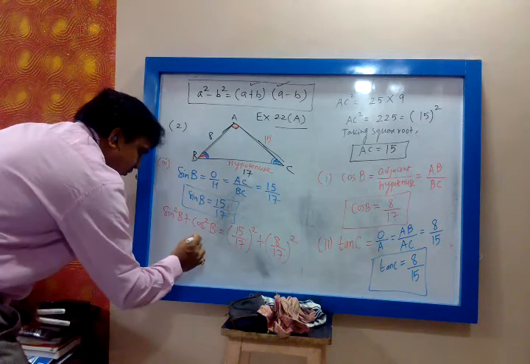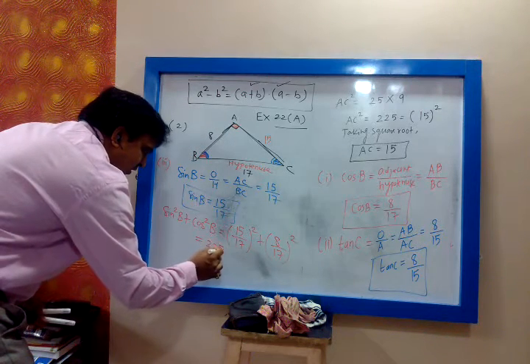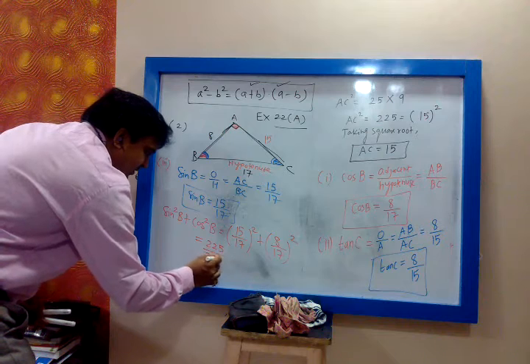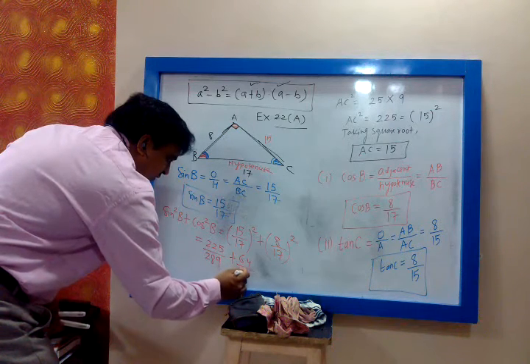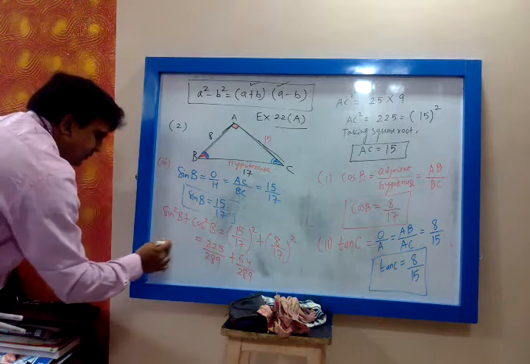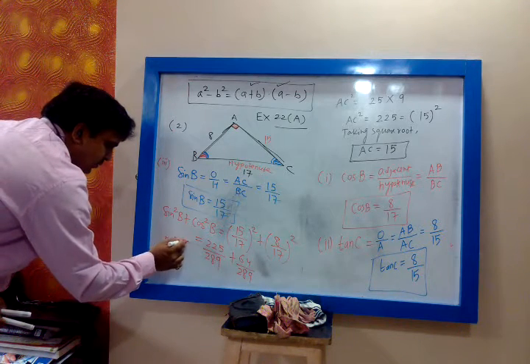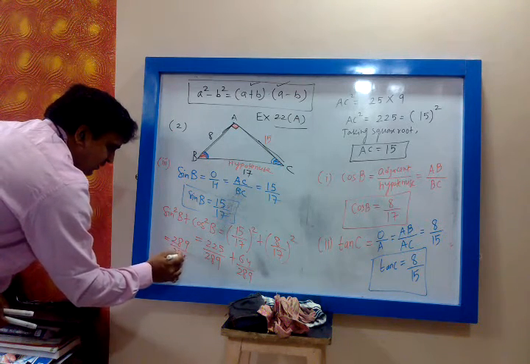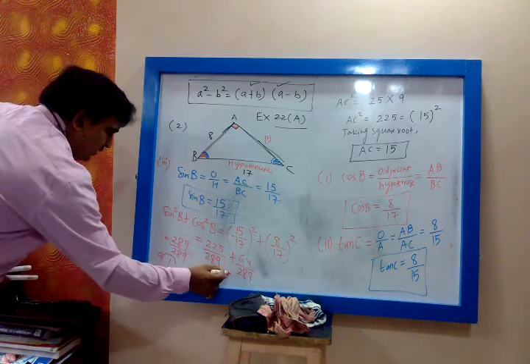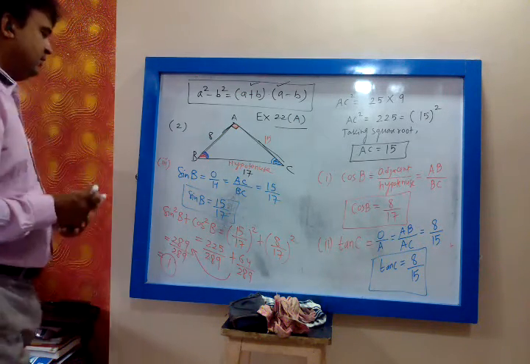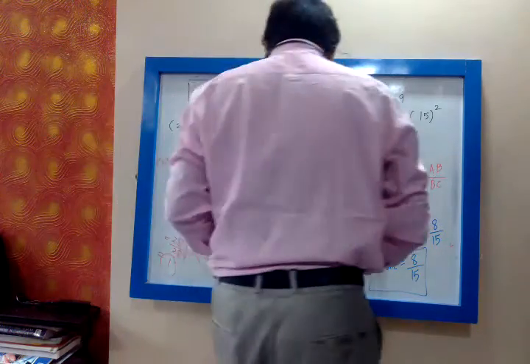Now 15 square is 225 upon 289, 17 square, plus 64 upon 289. Yes, so 225 plus 64 is 289 upon 289. Answer will be 1. So sin square B plus cos square B is 1.